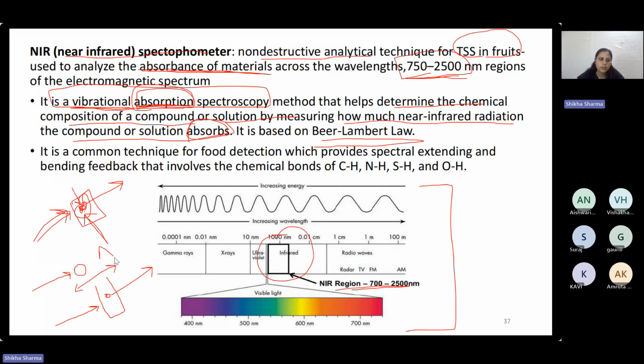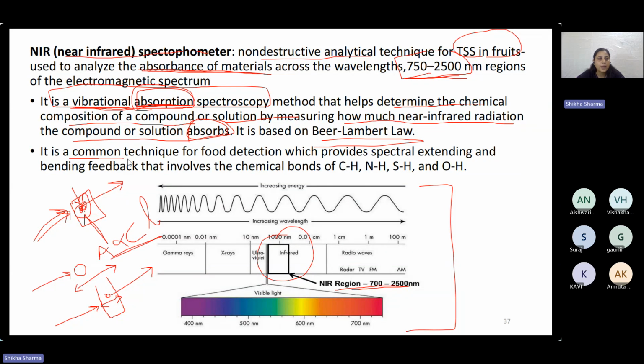So the absorption is directly proportional to C, which is the concentration of the material, and L. L is the path length, so how much path length the radiation is following. So this is the Beers-Lambert law.